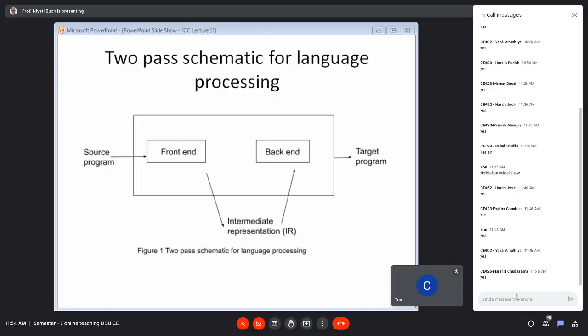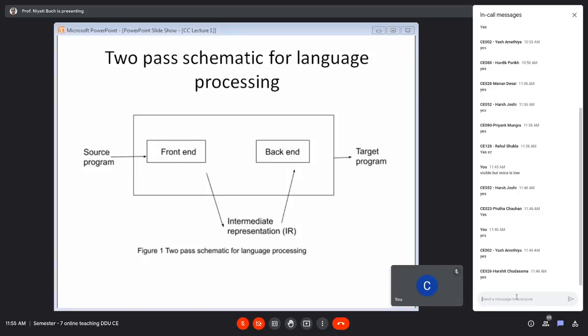Now this intermediate representation is to be transformed in our optimization phase. We will optimize this intermediate representation and it will be given as an input to the backend for code generation and target machine dependent optimization.